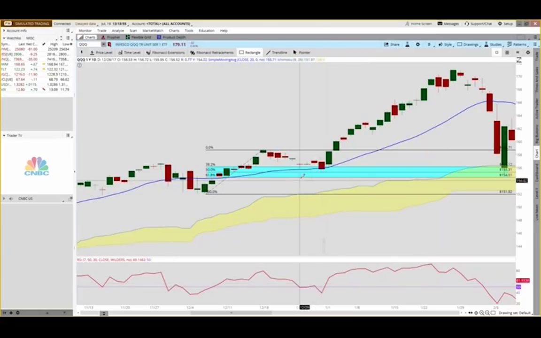So although we have the 20-period moving average, the Ichimoku cloud, and the RSI giving us a signal that we're likely to move higher, having the support here is just stacking the odds in our favor. It's making the setup even more conservative, even more likely to be successful.